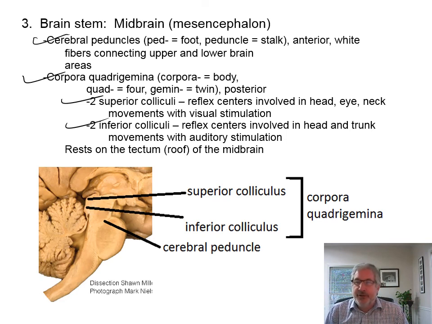These are reflex centers involved in head, eye, and neck movements. Superior ones are for visual stimulation, the inferior ones are for auditory stimulation. You do not have to know that stuff for the test. But it's interesting to know that these are cell bodies that talk to each other and do reflexes for head, eye, and neck movements.